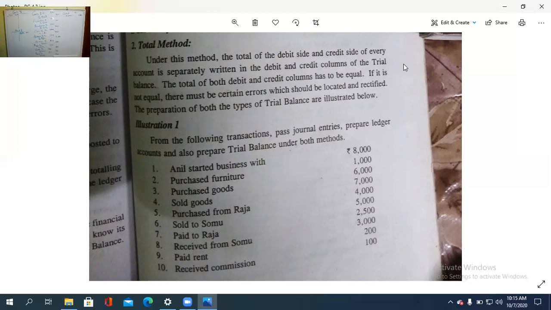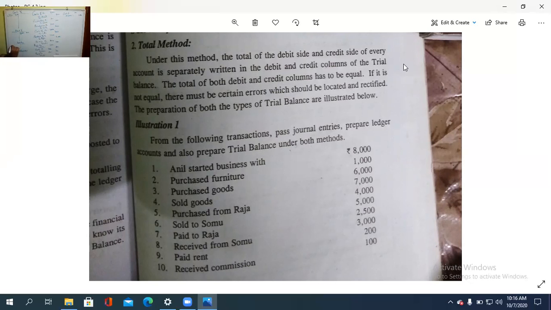8,000. Then furniture account debtor to cash. So another account, furniture. Okay. Then another account, purchases. So cash account debtor to Anil 8,000. Then credit side of Anil by cash 8,000. First entry is over. Then furniture account debtor to cash.